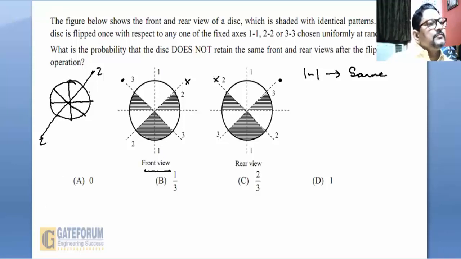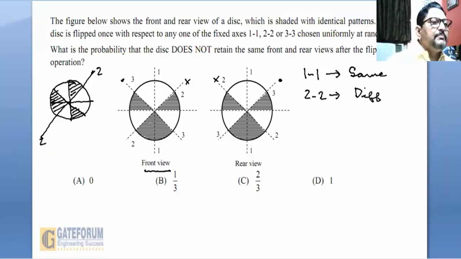Now, because we are flipping this, this portion would now be on this part. This portion would now be on this part, and this total together would now be on this part. So we can definitely see that the rear doesn't agree with the front. So we will say 2-2 will be different.